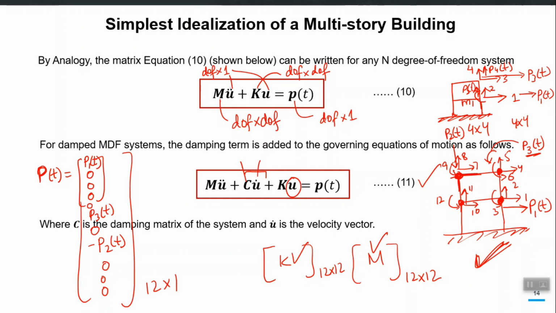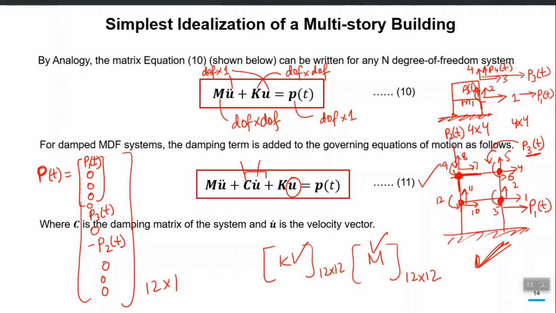Just like we can convert u of t in a single degree of freedom system into any other force response like story shear, base shear, base moment, etc., similarly we can convert this u vector into all other force responses, shears and moments in every story of the building, right? So now we have constructed a very simple idealization of a multi-story building, but that is enough to relate it to a very complex case.